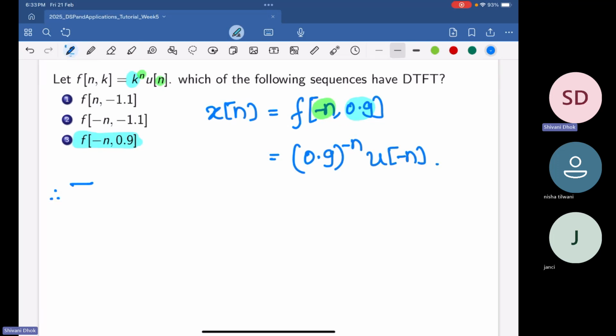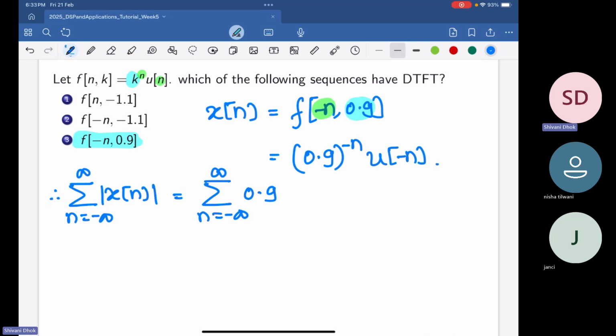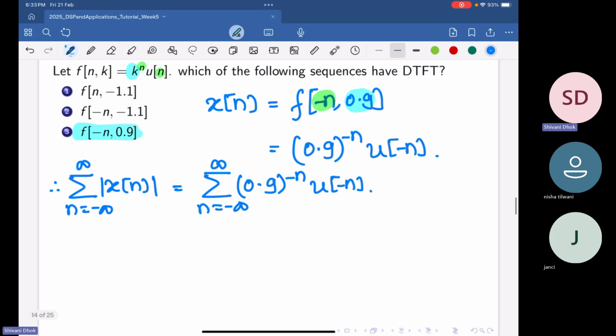Therefore summation n running from minus infinity to infinity magnitude of x of n is equal to summation n running from minus infinity to infinity 0.9 to the power minus n into u of minus n. Now here again we have this u of minus n, which is non-zero only for minus infinity to 0.